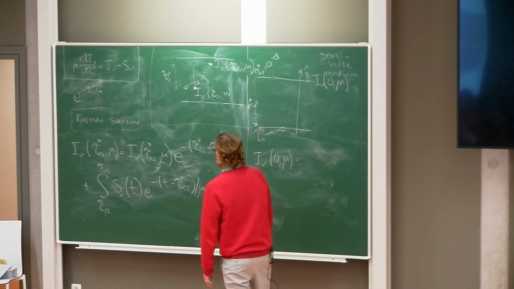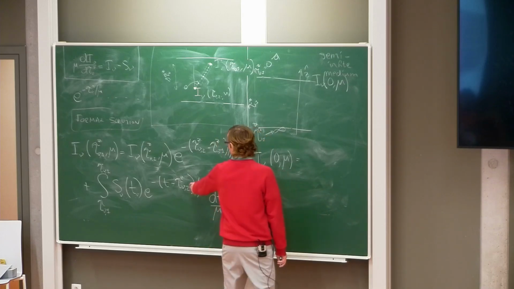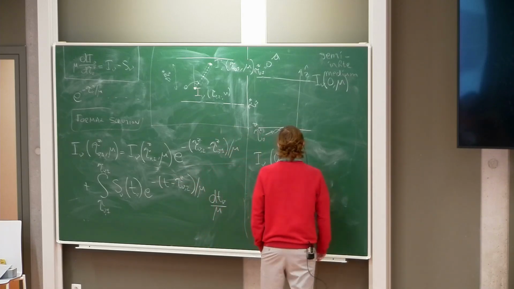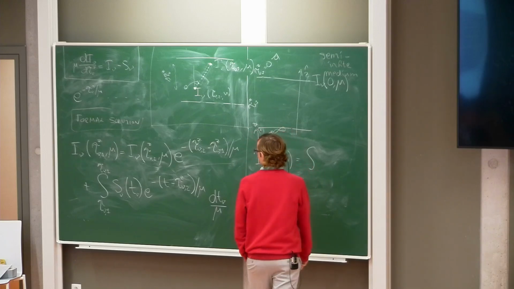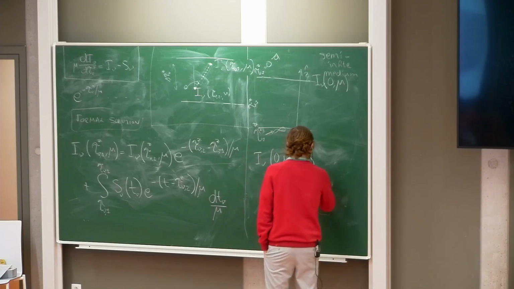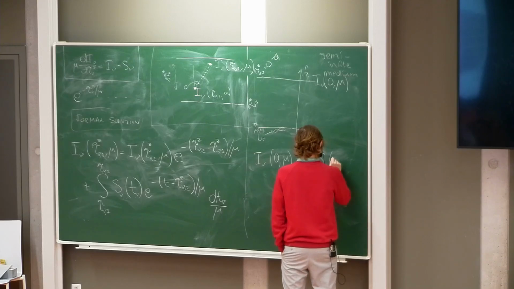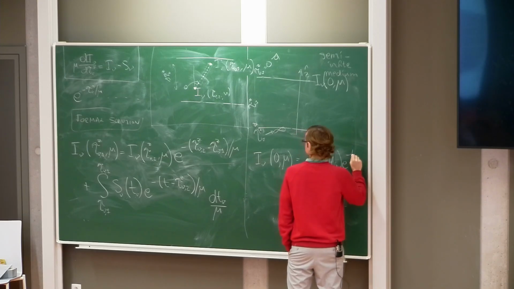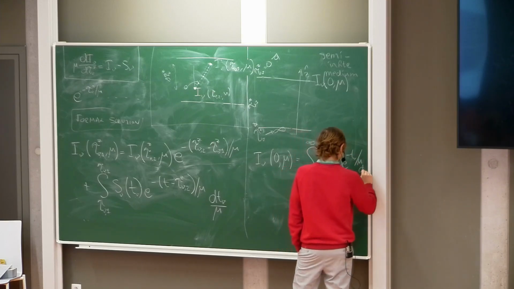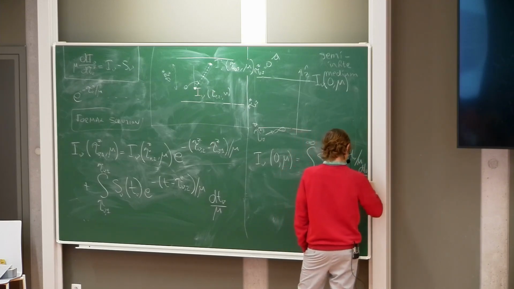And we have said that this one is 0. So we're going to see this from 0 to infinity as S nu of t nu e to the minus t nu divided by mu d t nu over mu.